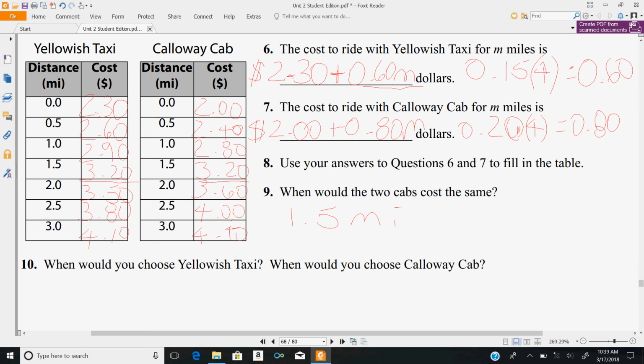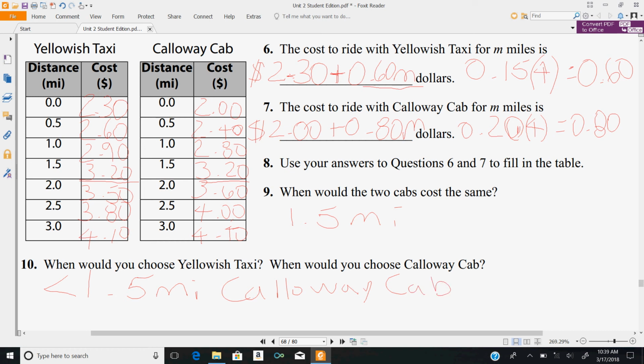But what we were really hoping you would do is say that if you're traveling less than 1.5 miles, you would use Callaway Cab.